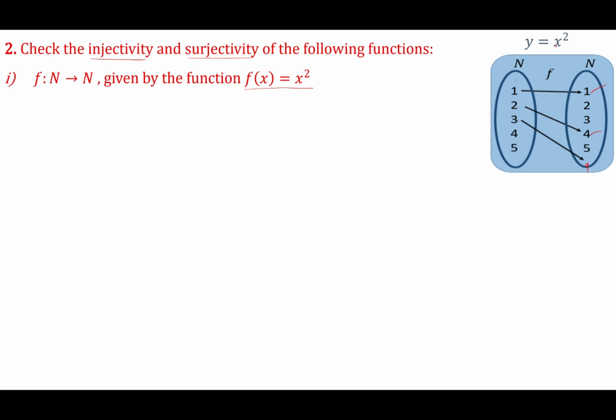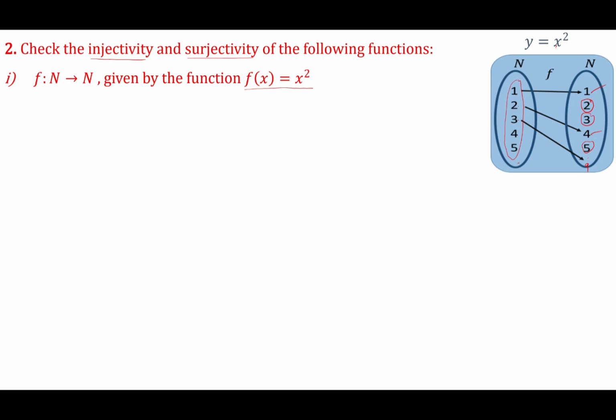So every element of the domain has a unique and different image in the codomain. So it is a 1-1 function. But if you see this figure, 2, 3, 5 and many more do not have any pre-image in the domain. So it is not an onto function.